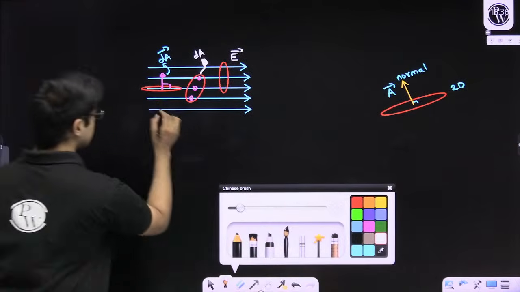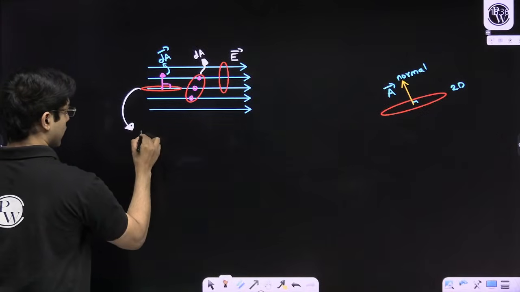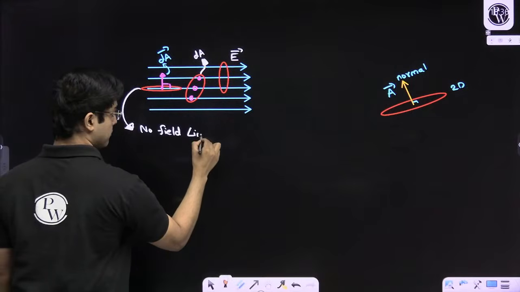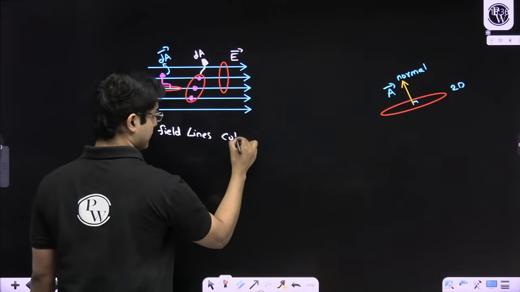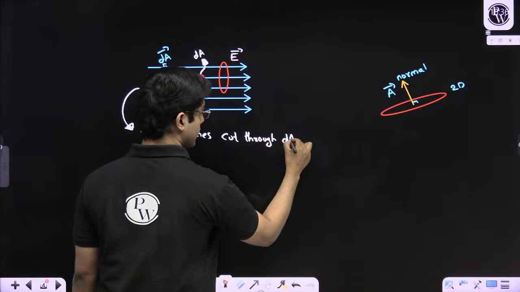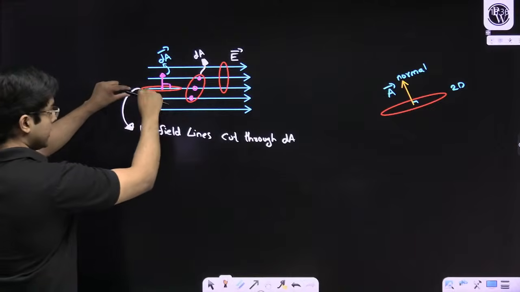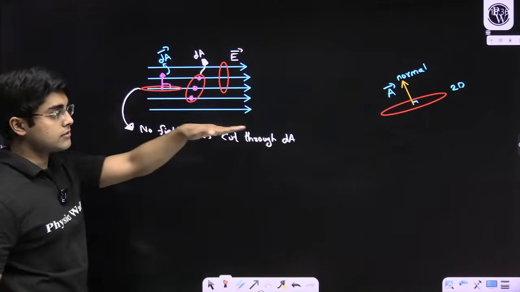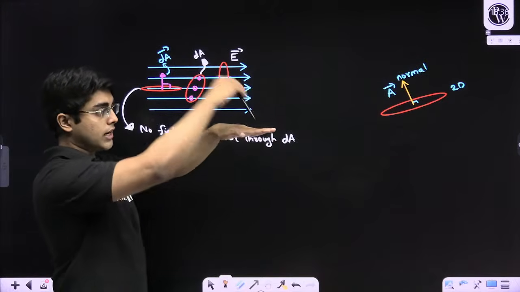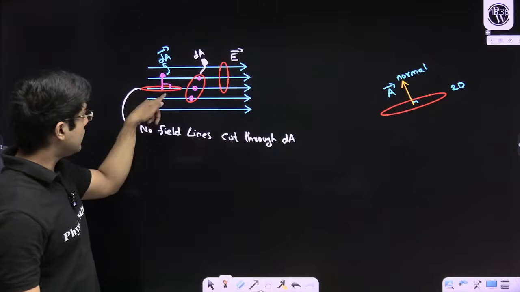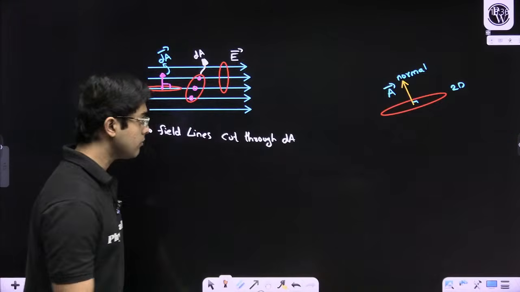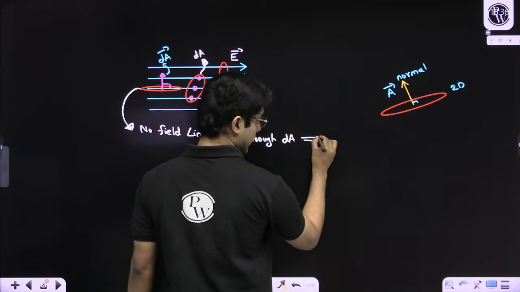In this case, no field lines cut through dA, because this area is parallel to the field line. The field line grazes the area, it does not cut it. So through this part of the area there won't be any field lines cutting through, which means the flux through that area is 0.